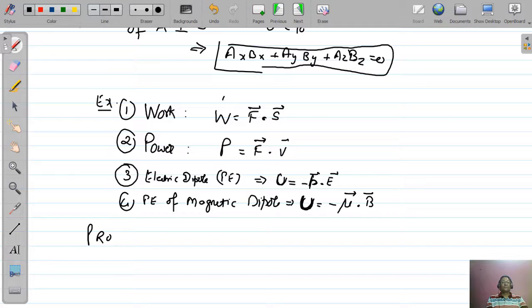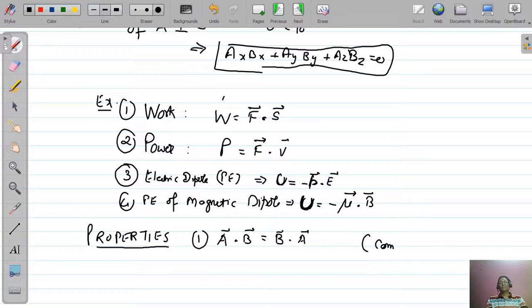Some properties of dot product are: vector A dot vector B equals vector B dot vector A. That means dot product is commutative.